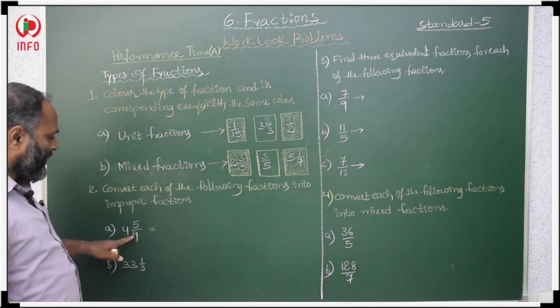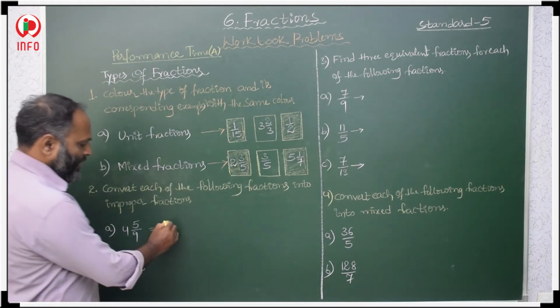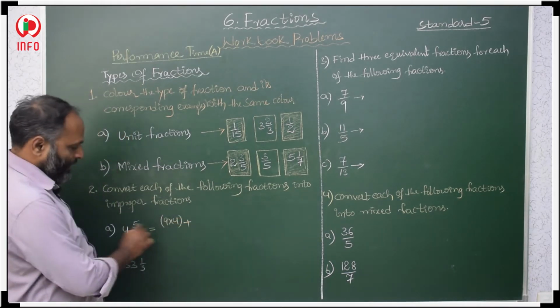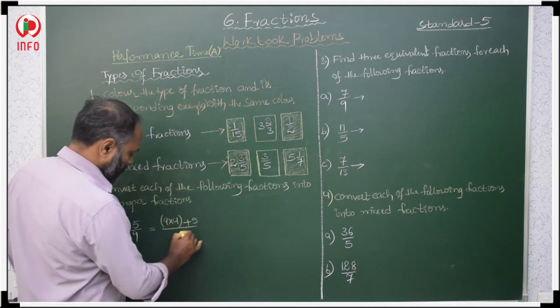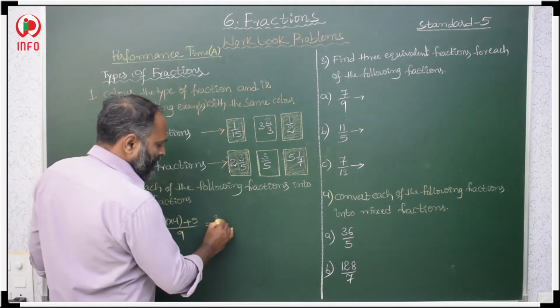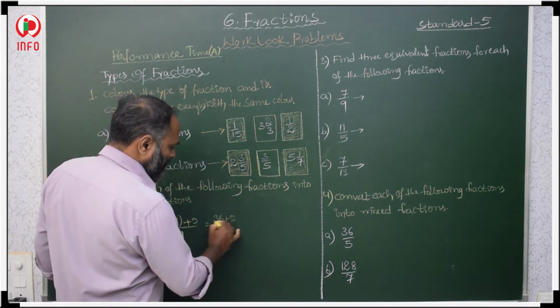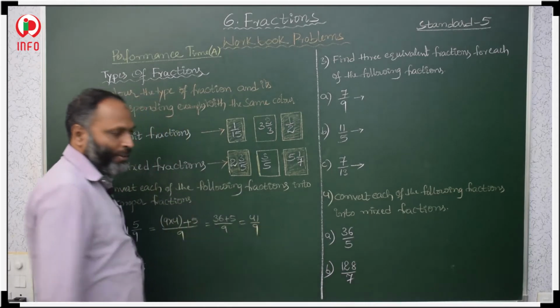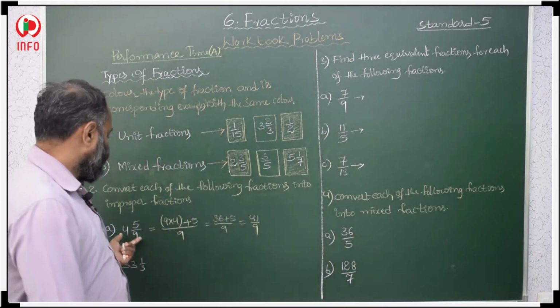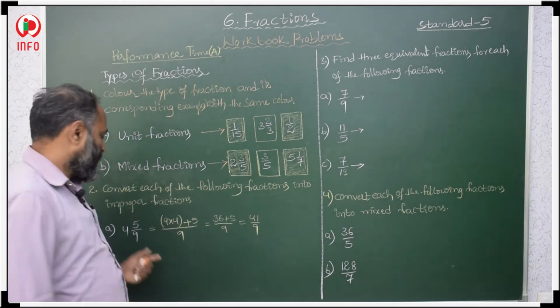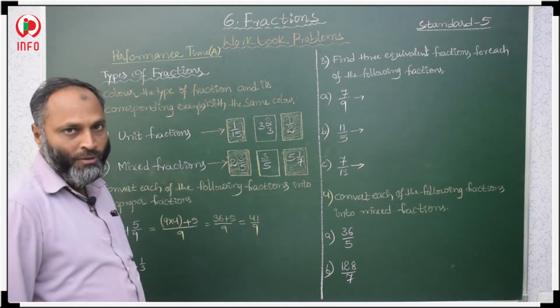We multiply the denominator 9 with the whole number 4, and after that we add the numerator. 9 4s are 36 plus 5 by 9. 36 plus 5 is 41 by 9. This is an improper fraction. Converting mixed fraction into improper fraction.